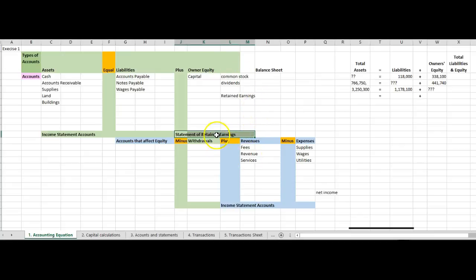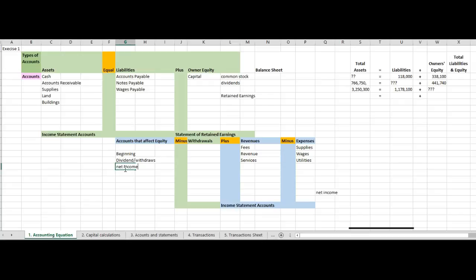To get the statement of retained earnings, we take the beginning capital minus the dividends or withdrawals plus the net income.